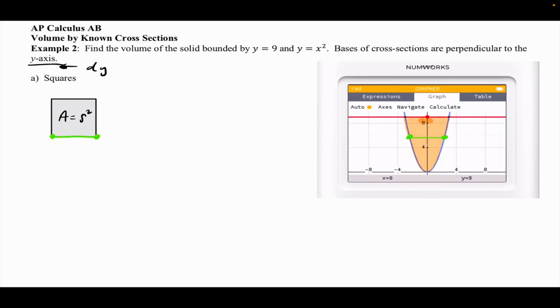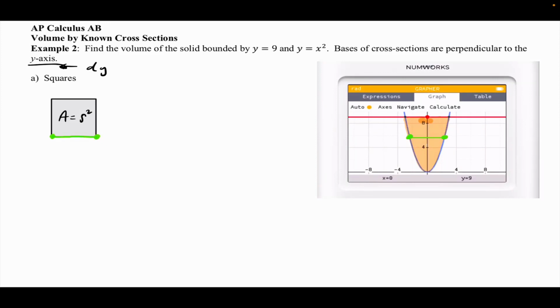Okay. So what we want to know is, what is the length of the green? If the green goes from one side to the other, what's the length of the green?